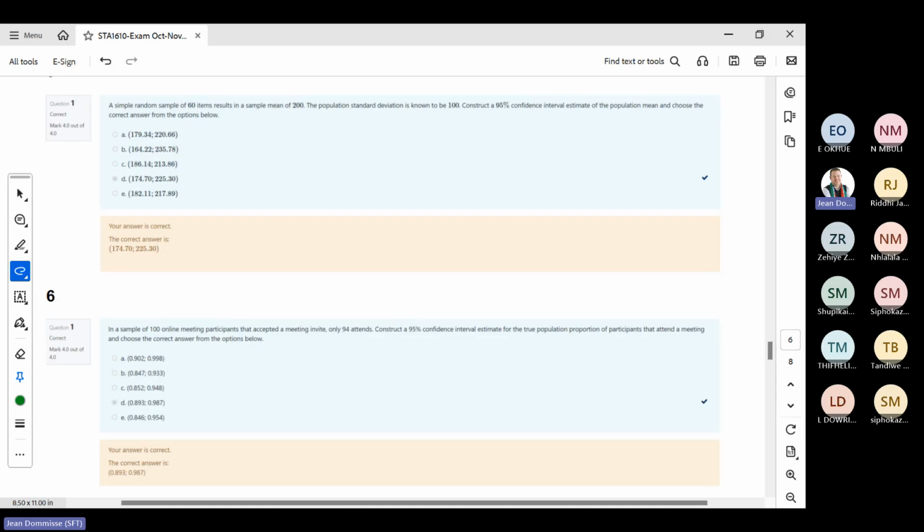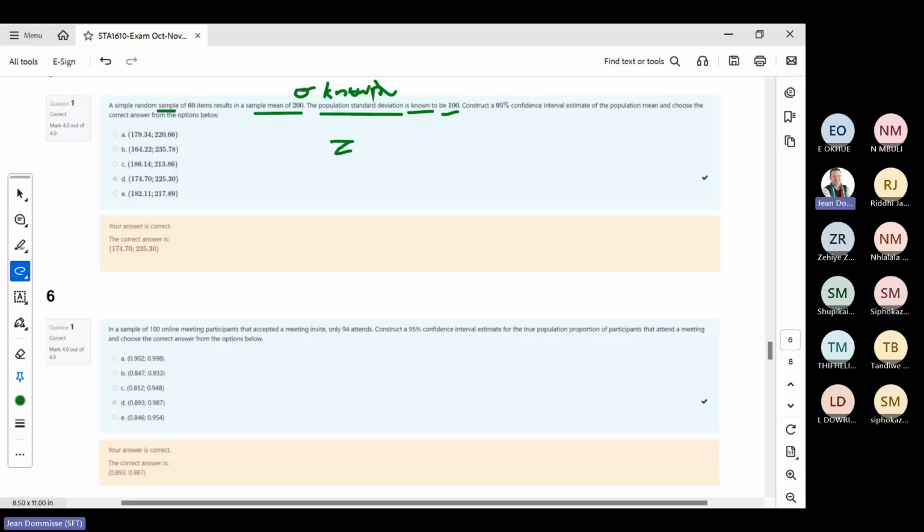So the important thing is to first, as always, for the one that's with a mean, say, is the standard deviation known or unknown? Okay, so let's see. A random sample of 60 individual items results in a sample mean of 200. The population standard deviation is known to be 100. Okay, cool.